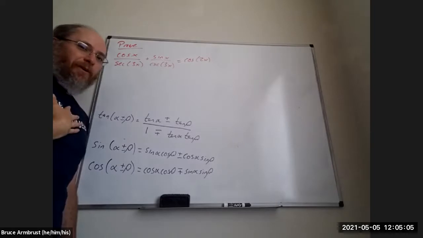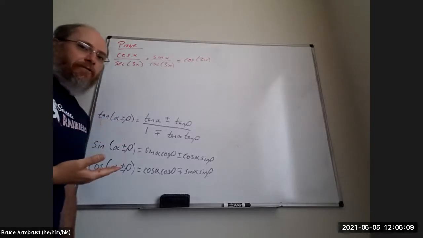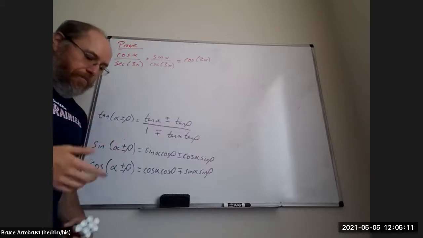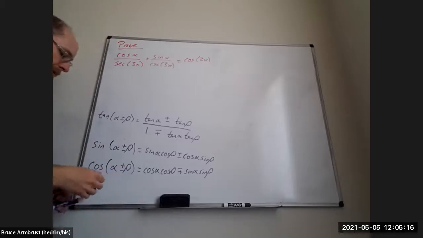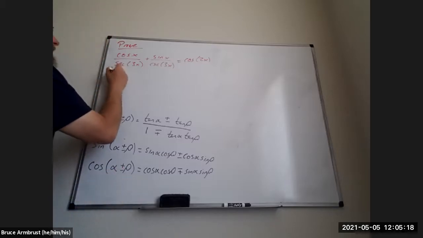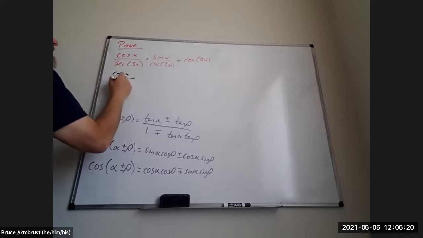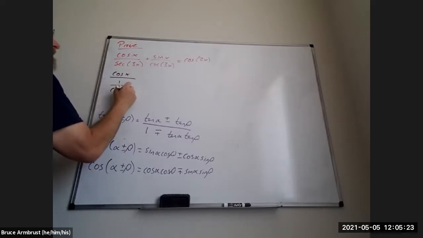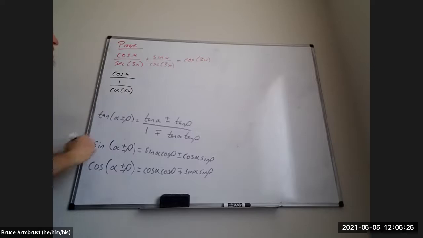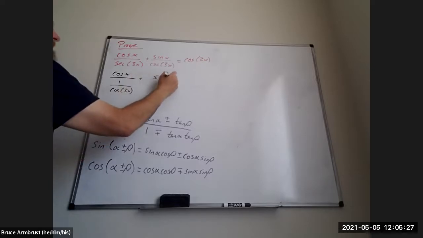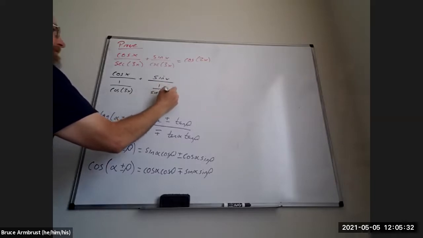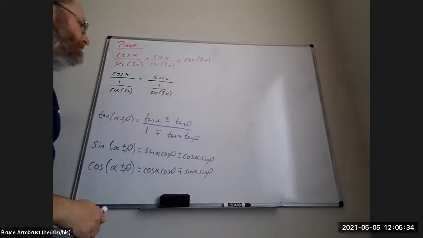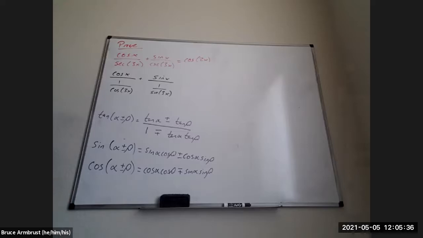I'm going to suggest we get rid of the secant and the cosecant. Let's turn those into sine and cosine first. So secant is the reciprocal of cosine, so I'm going to rewrite that as 1 over cosine of 3x. And similarly, the cosecant, that's the reciprocal of sine, so that's 1 over sine of 3x.